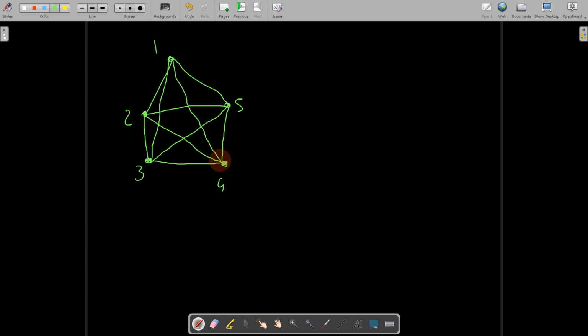This is non-planar and we will see the proof of this. First, I will tell you what is Kuratowski's theorem.